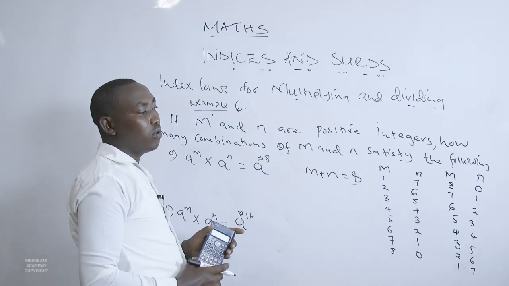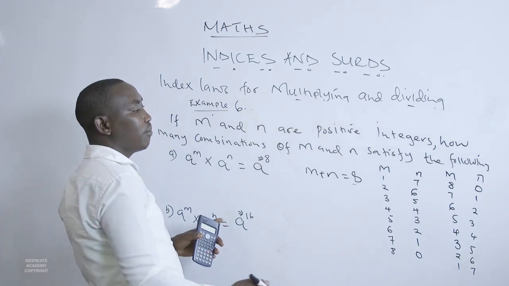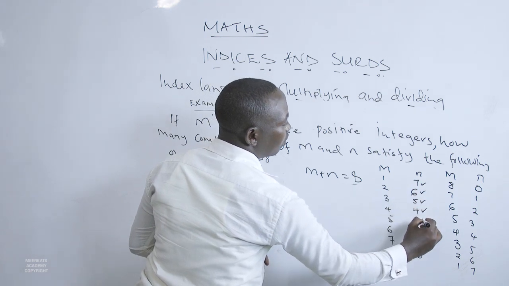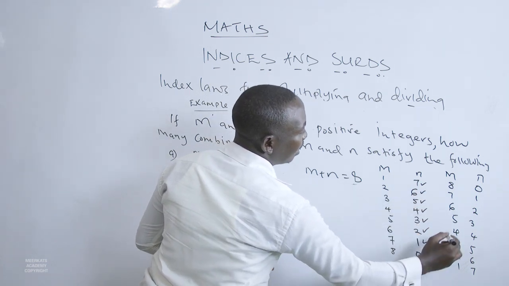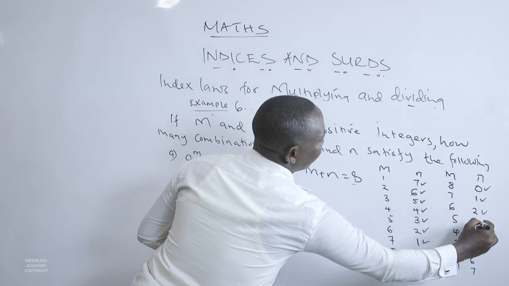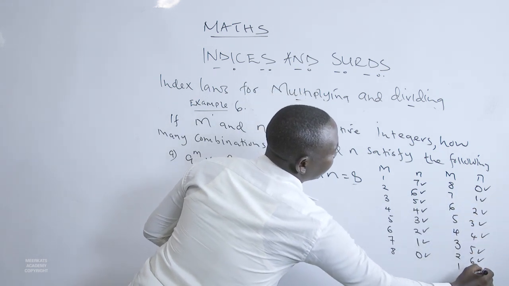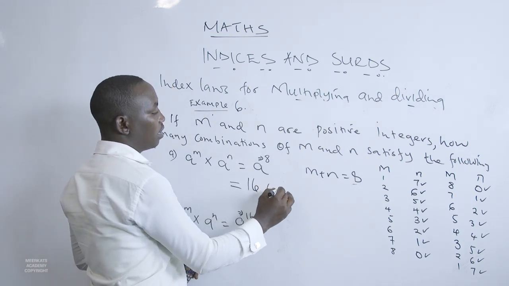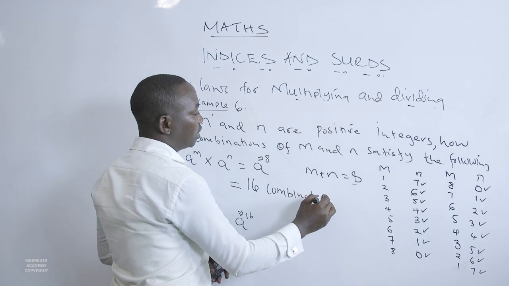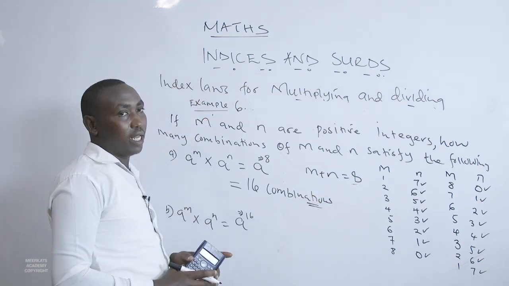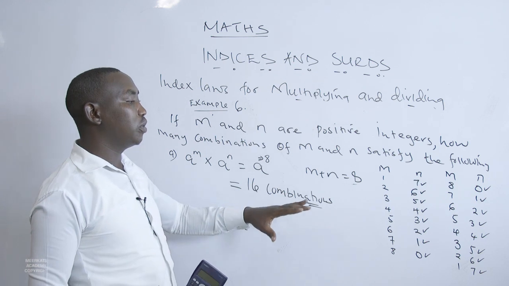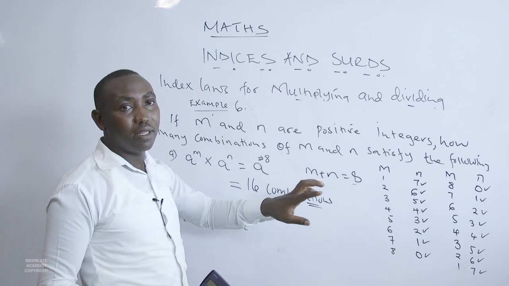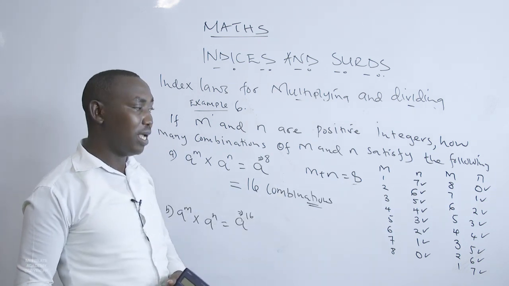So how many are now those combinations? 1, 2, 3, 4, 5, 6, 7, 8, 9, 10, 11, 12, 13, 14, 15, 16. So we can say that there are 16 combinations, which give us the values of M and N that when added we get 8.